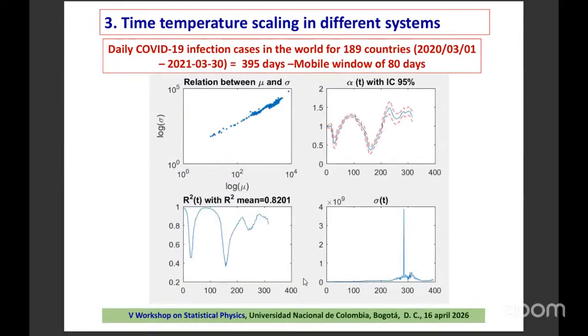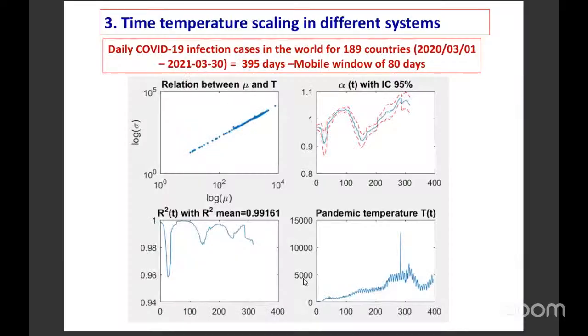Here is the case of daily COVID-19 infection cases in the world for 189 countries. The mean of the R squared is 0.82, and for the time temperature scaling the average is better, 0.99.